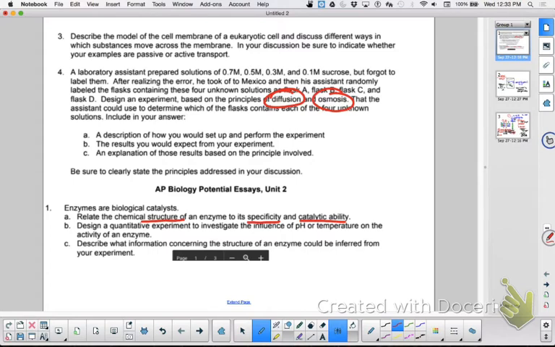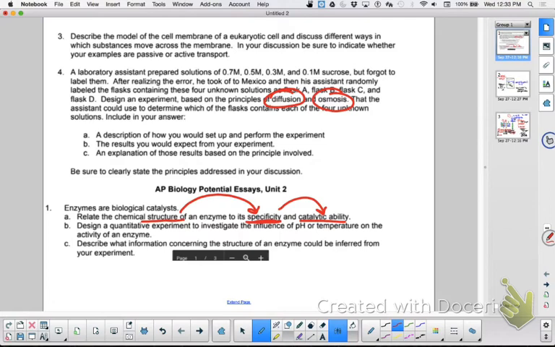So when we talk about chemical structure, we know it's specific because we could describe the chemical structure of a protein and say its specificity, because enzymes are catalysts, they have to bind to a substrate. If the shape changes, they can no longer bind to the substrate. If they can't bind to the substrate, they're not going to have that catalytic ability, that ability to have that reaction occur.